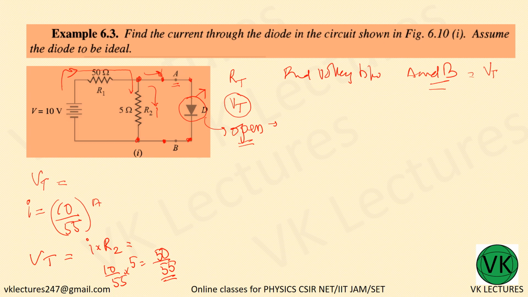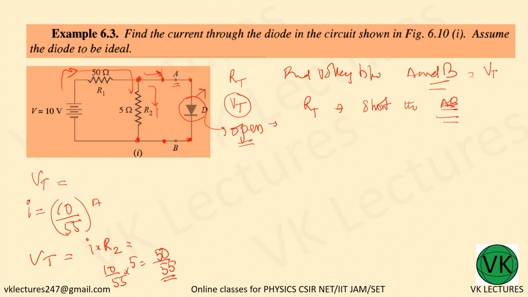Now our next question is, find out the effective resistance or Thevenin's equivalent resistance RT. For finding out RT also, first thing you have to do is short the terminal AB. Please listen carefully.